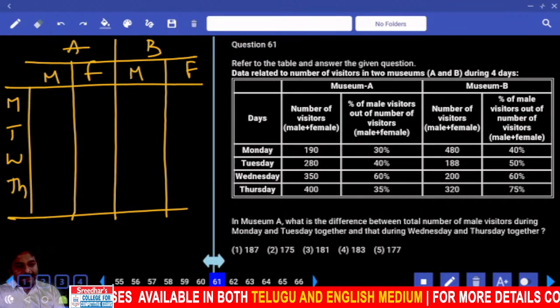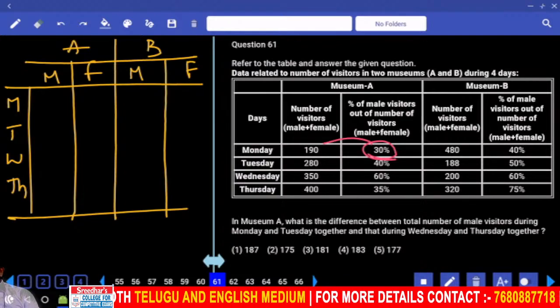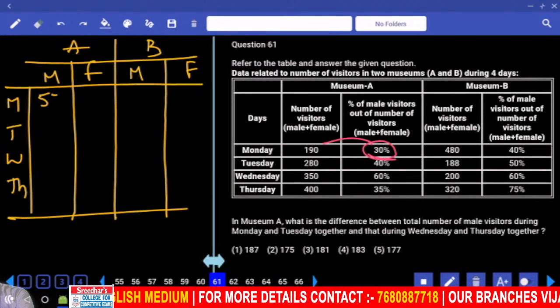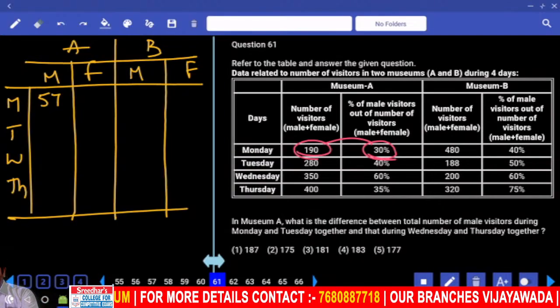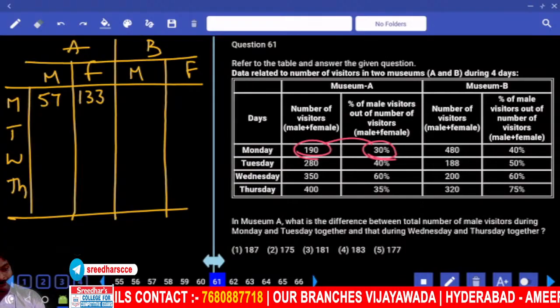Let us calculate. Male are 30%. 30% of 190 only. 10%, 3 times. If 57 is subtracted from 190, you get 133. They are female.